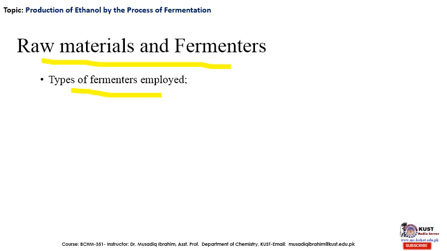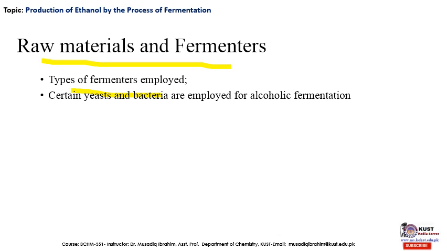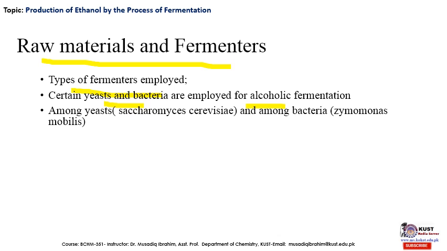Now the raw materials and the fermenters which are used for the production of ethanol in the process of fermentation, and the types of fermenters which are employed, they include certain yeast and bacteria for the production of alcohol by the process of fermentation, and among yeasts the Saccharomyces cerevisiae, and among bacteria Zymomonas mobilis are used for the production of ethanol.